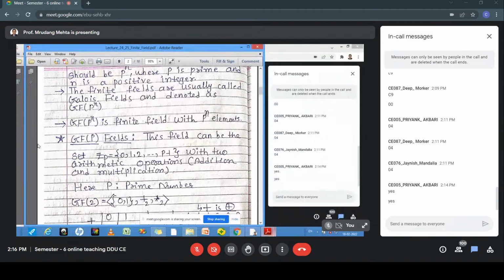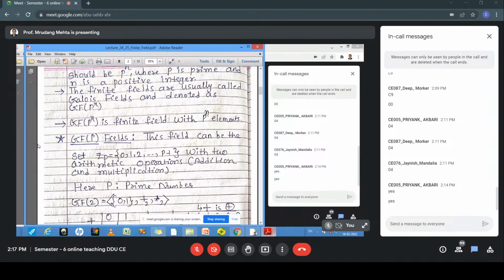If we write 2 raised to n, is it equivalent to p raised to n, yes or no?